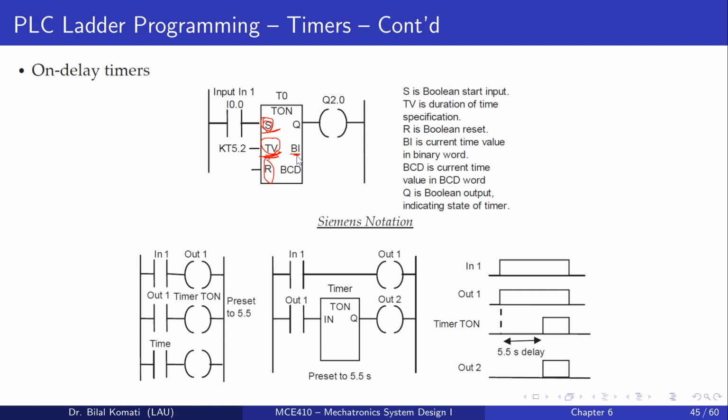BI is the current time value in binary word, so we can get the current time value. BCD is the current time value in the BCD word. And Q is the Boolean output indicating the state of the timer. Usually we connect Q to the output to be turned on once the timer is finished. So this is how it's represented.